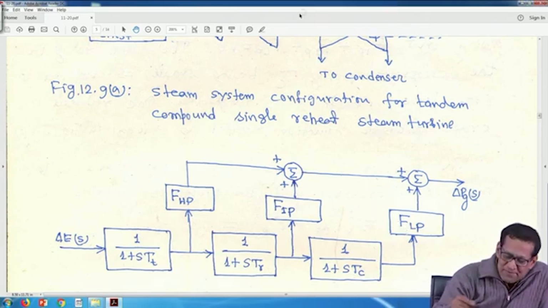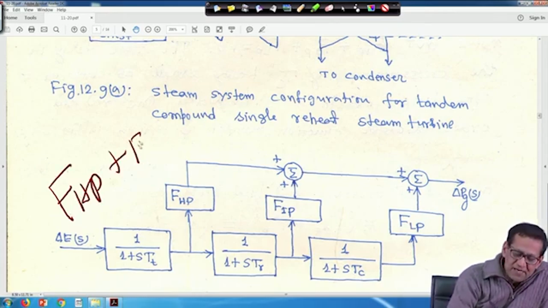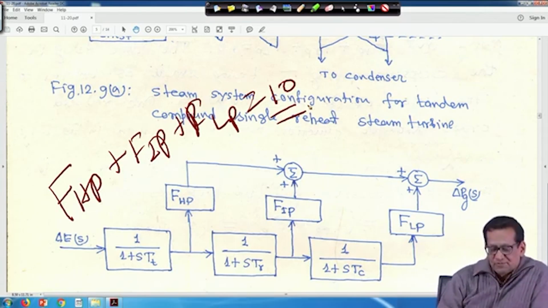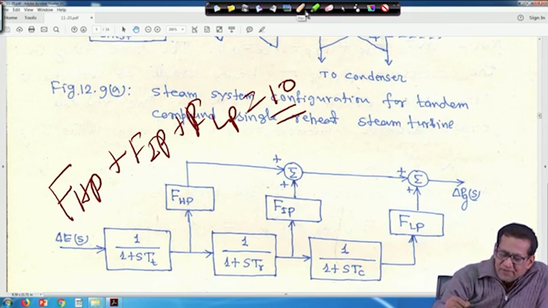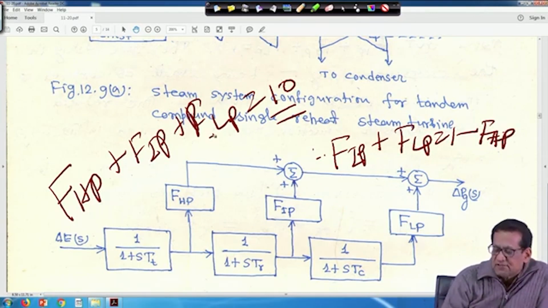So, when we put in per unit, FHP plus FIP plus FLP is equal to 1.0, right. So, these three if you sum it up, it is 1.0. Now, we can write that FIP plus FLP is equal to 1 minus FHP, right, from this equation only.